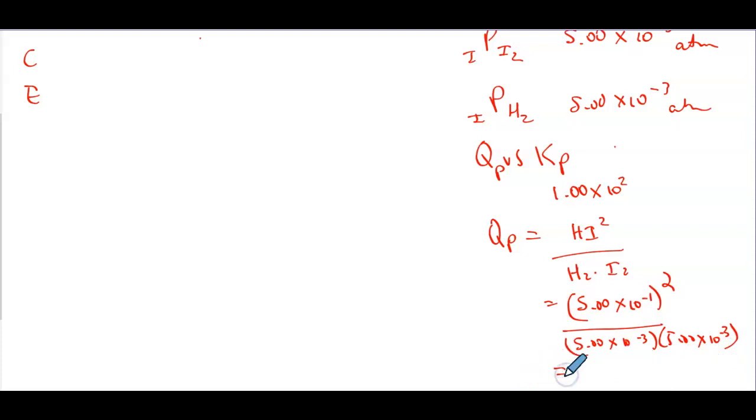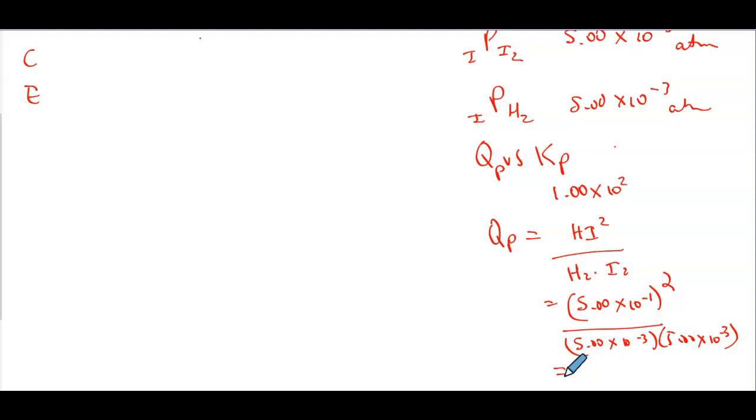So we're going to crank that out on our calculator. There goes my calculator. Let me grab that. So 5.00 times 10 to the negative 1, on top, I'm going to square that. I'm going to divide by 5.00 times 10 to the negative 3, and 5.00 times 10 to the negative 3.